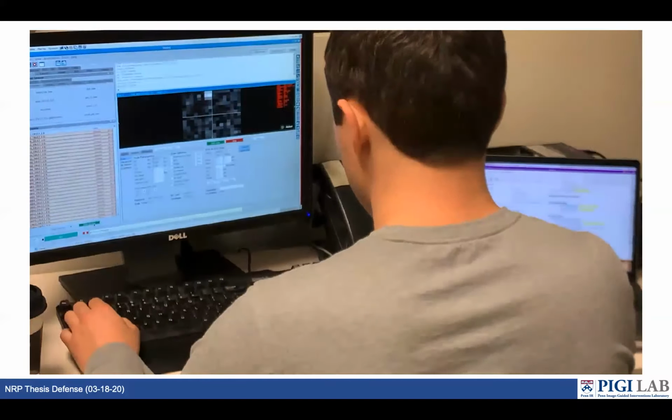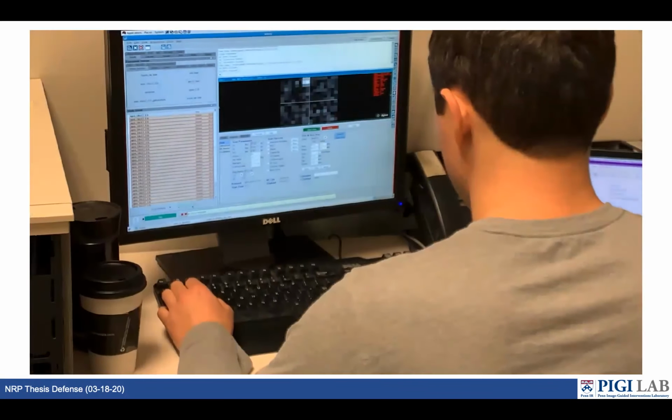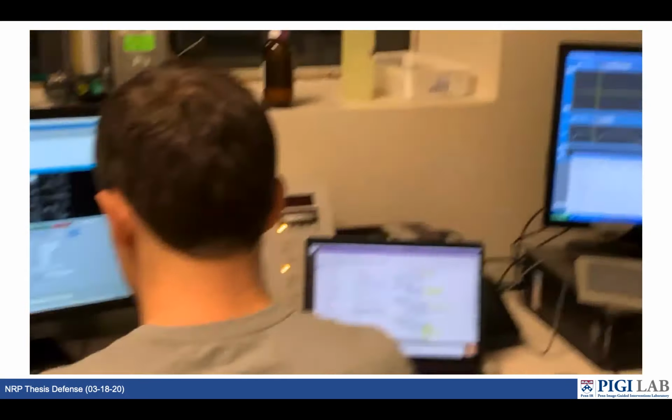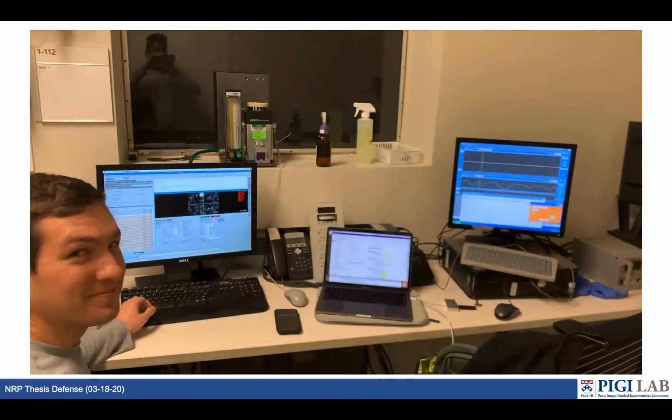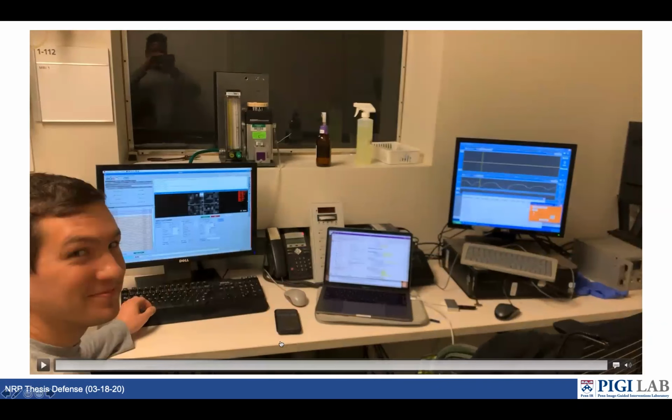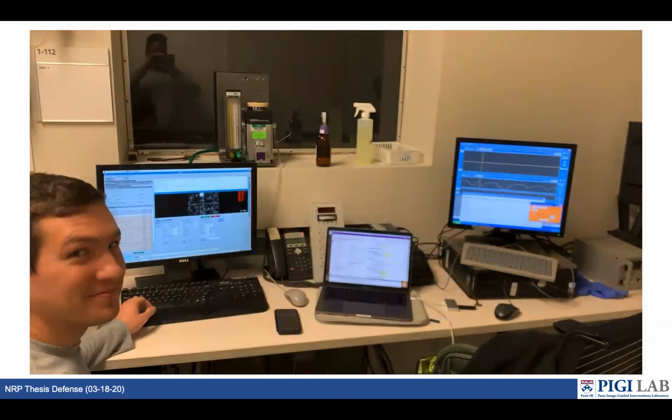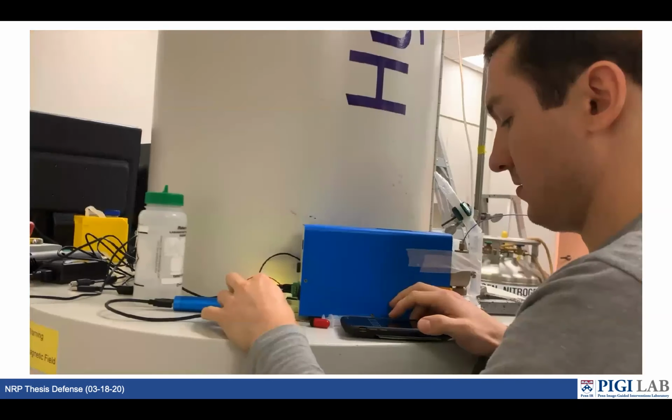At a very certain prescribed time, I start the sequence and it goes ahead. And so this is a process that I, in particular, am continuing to develop further, and it's been a fun pet project in the lab.